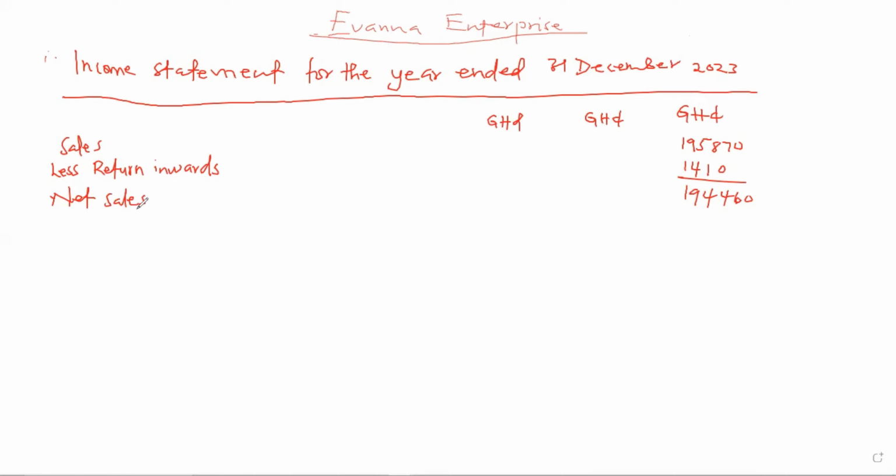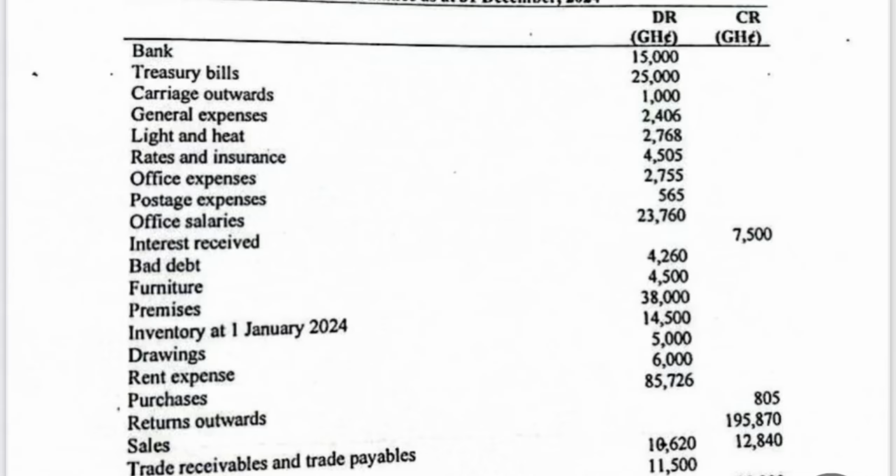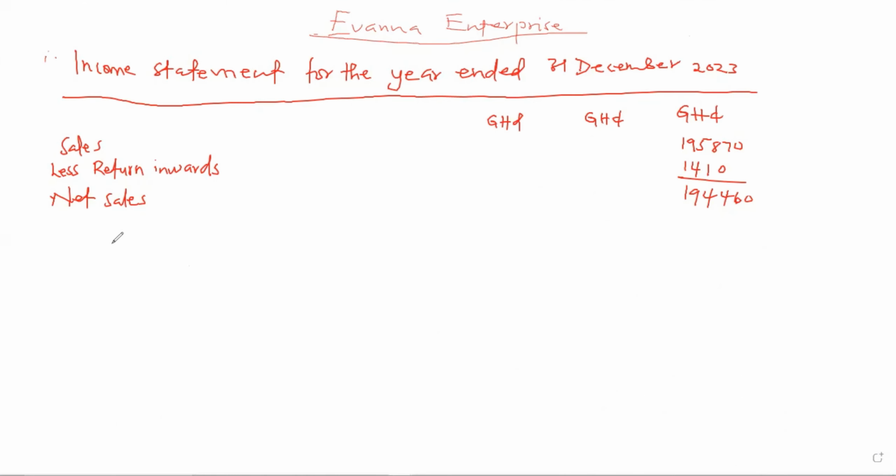So the next thing we do is find our cost of sales. We have to find the cost that was incurred while we made that sale, and then deduct it from the sales to get our profit. So we say less cost of sales. Now we are going to calculate our cost of sales.